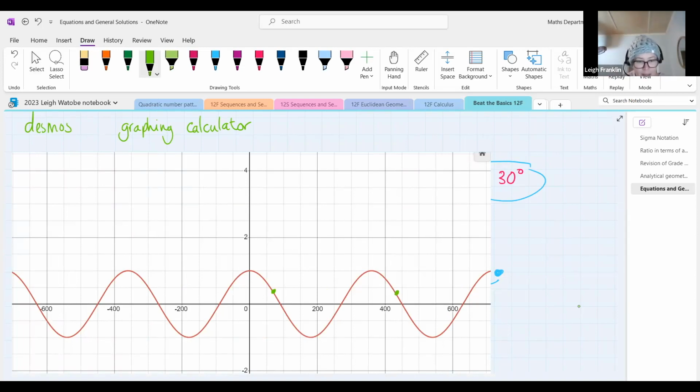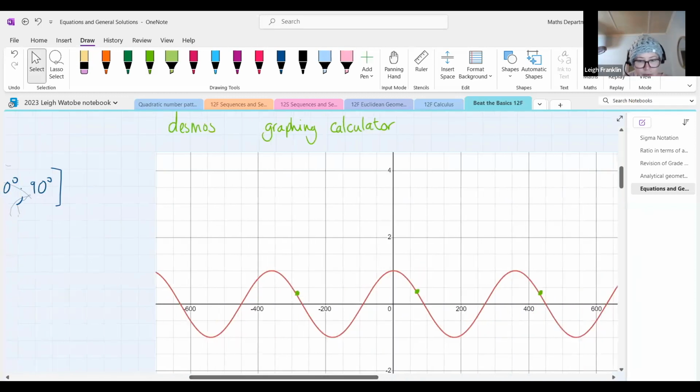If we went backwards, okay, the next place that we would have our green dot would be somewhere over here. And again, if we went 360 degrees backwards in this direction over here, our green dot would be somewhere over there.